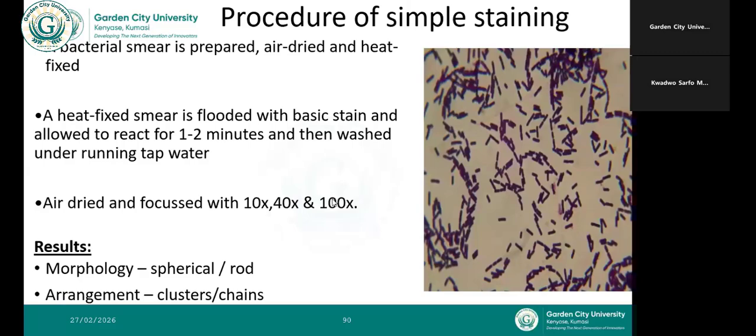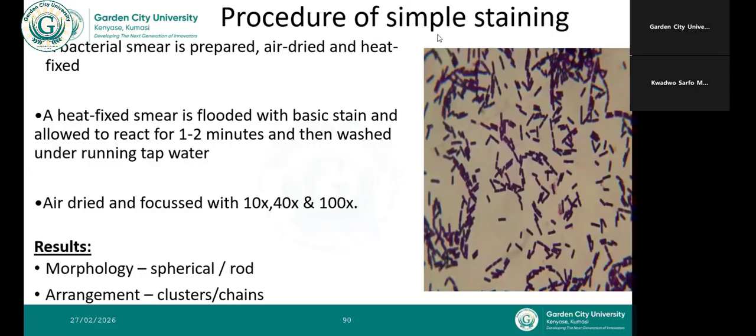But the oil will have almost the same refractive index as the glass, and this makes the light rays focused onto the objective lens. So that's why we use the immersion oil for the ×100.